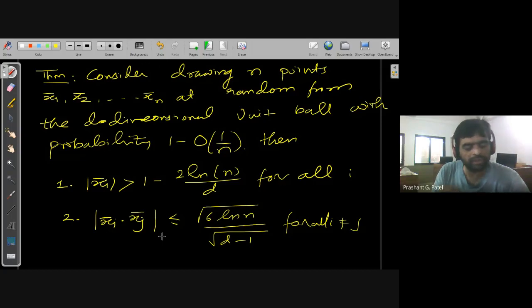The answer is to remember that points on the surface satisfy the equation x1 squared plus x2 squared up to xd squared equals 1.